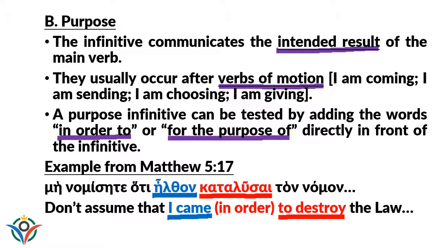If you're not sure if it's a purpose infinitive communicating intended results, we could add the words in order in front of the infinitive so that it reads, don't assume that I came in order to destroy the law, or for the purpose of destroying the law.